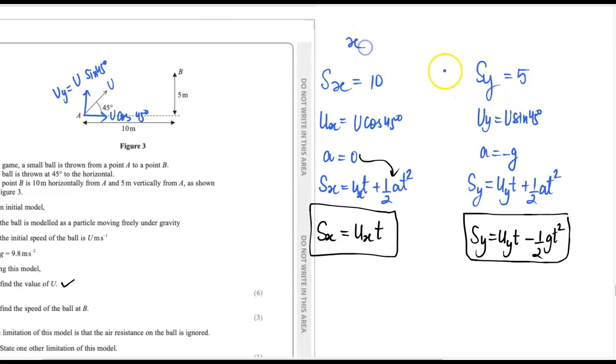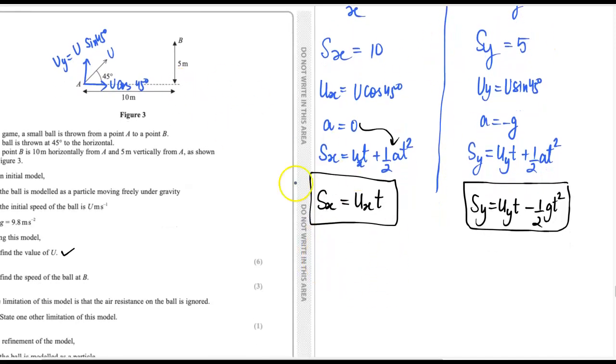So this was X and that was Y. Sx, which is 10, is equal to ux, which is u cos 45 degrees, times t. Cos 45 degrees is 1 over root 2, so we can say it's ut over root 2, that is 10, or ut is 10 root 2.